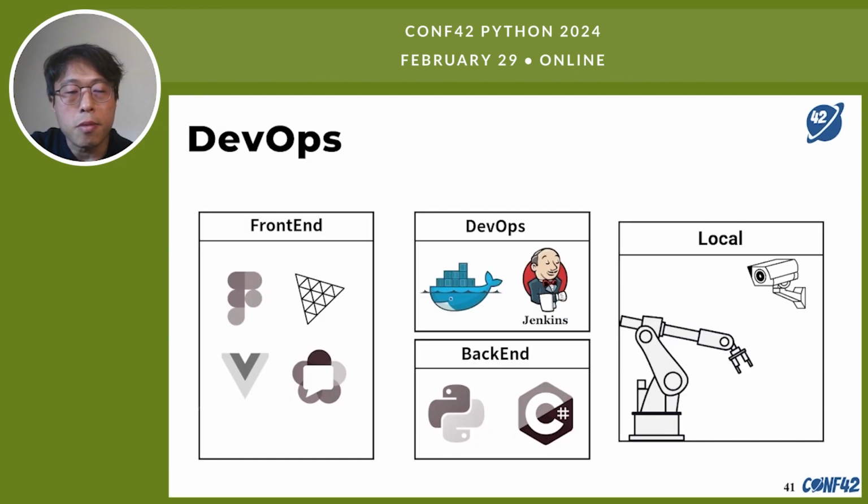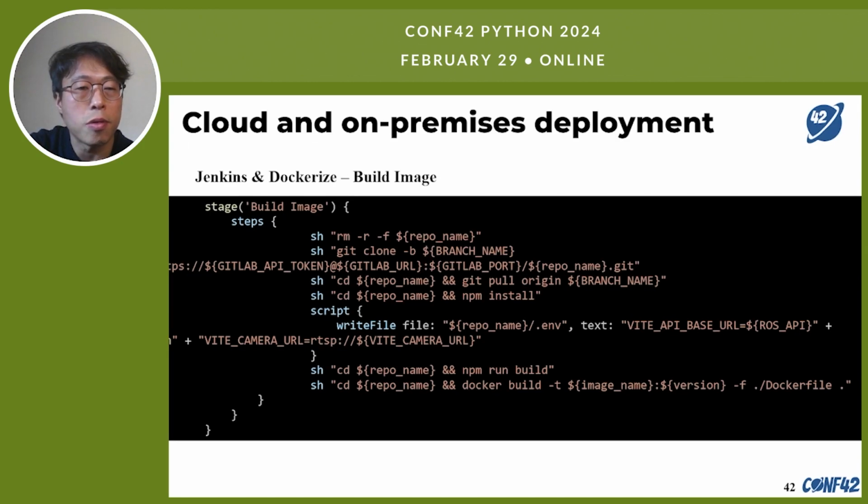In the end, we use DevOps tools like Jenkins and Docker to containerize our applications to make them easy to deploy. You see how we use Jenkins and Docker as tools to deploy on both cloud and on premises at the same time. You can see the script we execute step by step.